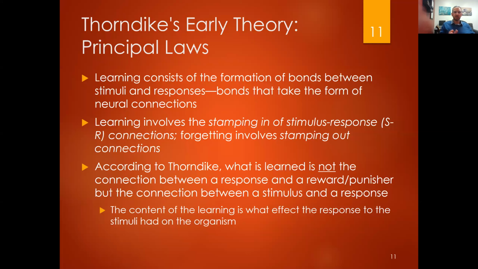Then the stimulus response connection would get stronger. If it didn't lead to a satisfying state of affairs, or if it was forgotten, that would be the stamping out of connections.